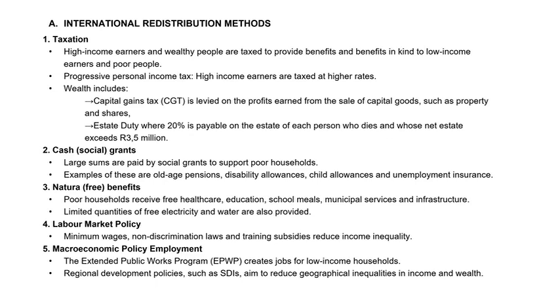And then we also have the regional development policies, such as SDIs, which aim to reduce geographical inequalities in income and wealth. So those are our international redistribution methods, which is the taxation, the cash or social grants, natura or free benefits, labor market policy, and the macroeconomic policy, employment.